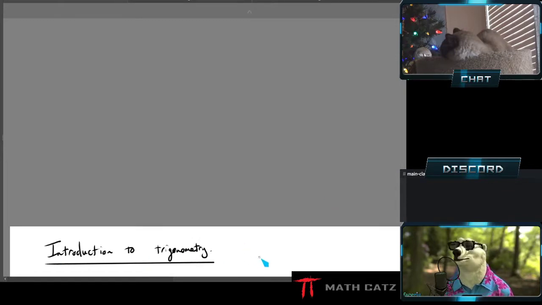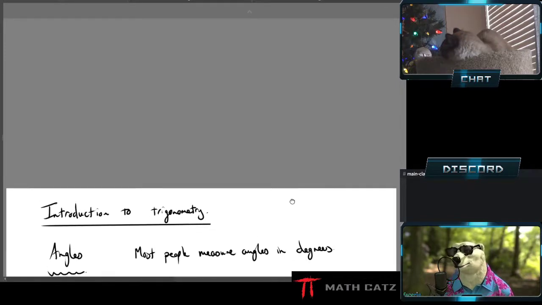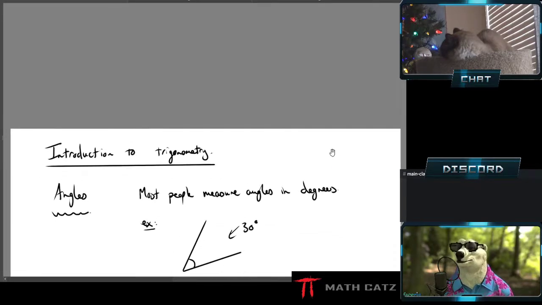So we're introducing trigonometry. And trigonometry is the study or use of angles. Talk about an angle. Well, when you ask a random person about angles and how you measure them, or you ask them for an example of an angle, they're going to give you something like 30 degrees. There it is.